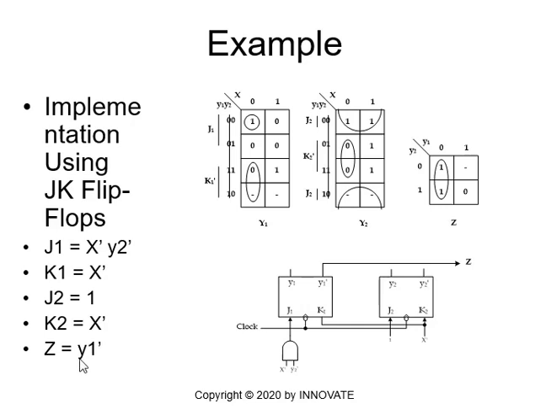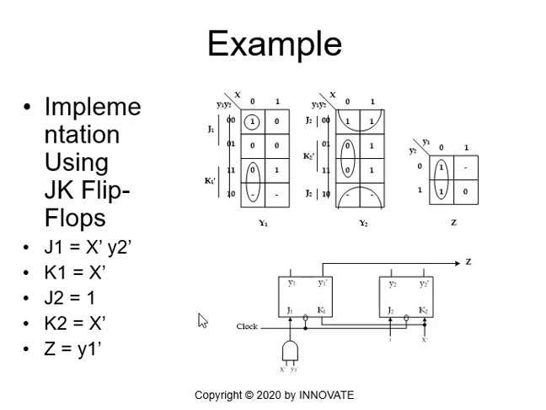Z did not change, it's the same as before, which is y1 prime. Again, we need only one AND gate, or we can use a NAND gate if you want to, AND gate to implement J1.